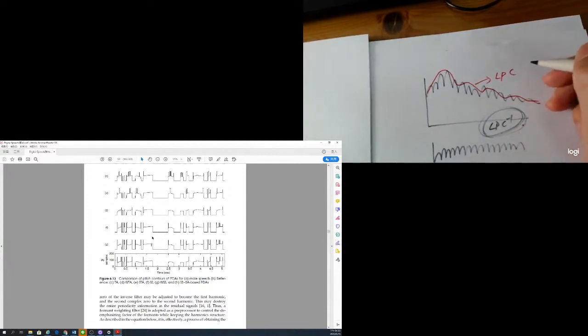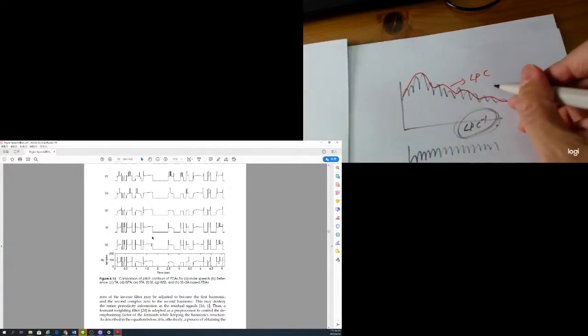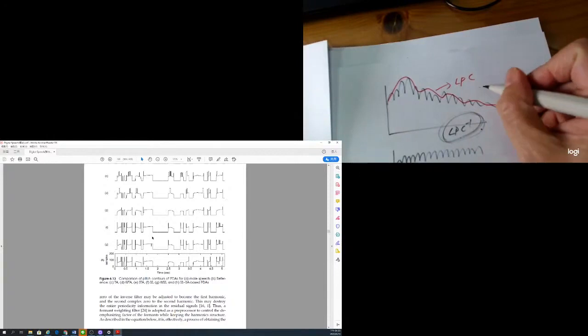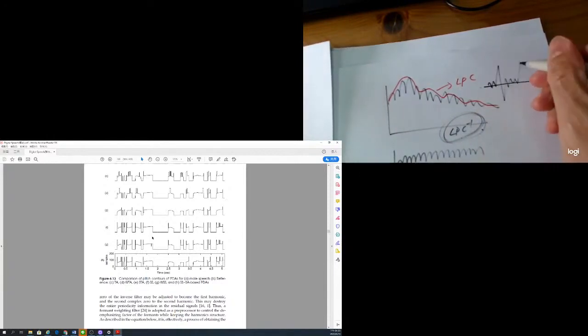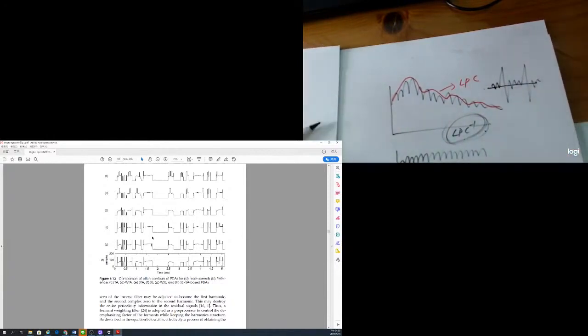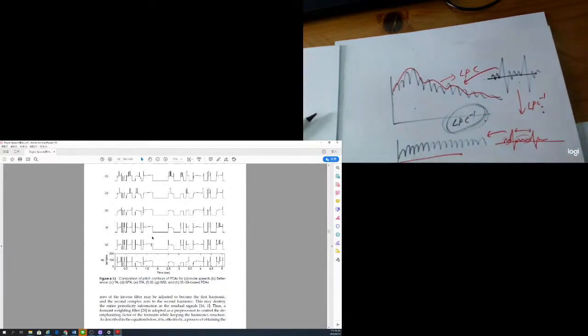However, in the time domain, after LPC inverse, it becomes more regular, and the high frequency part becomes this waveform. So we are best in the time domain.